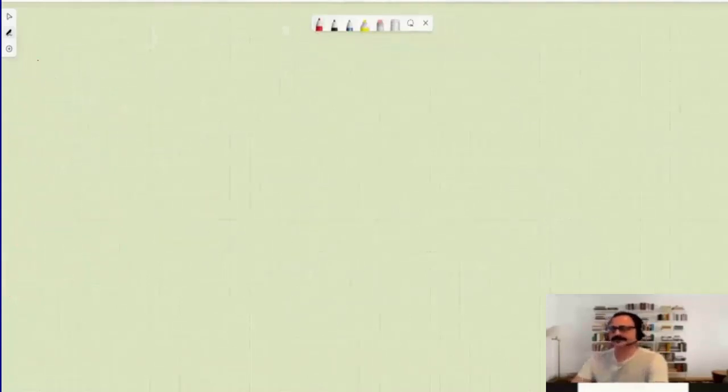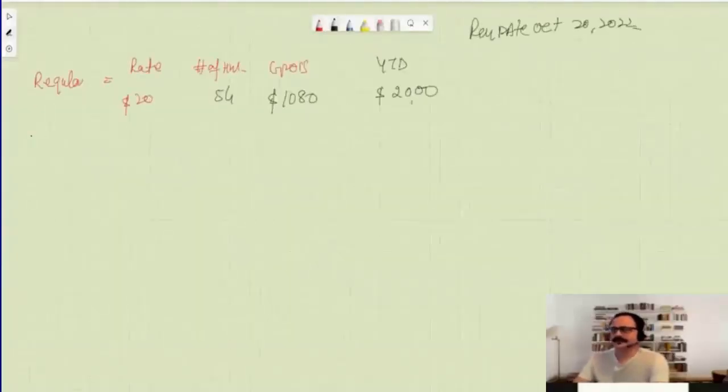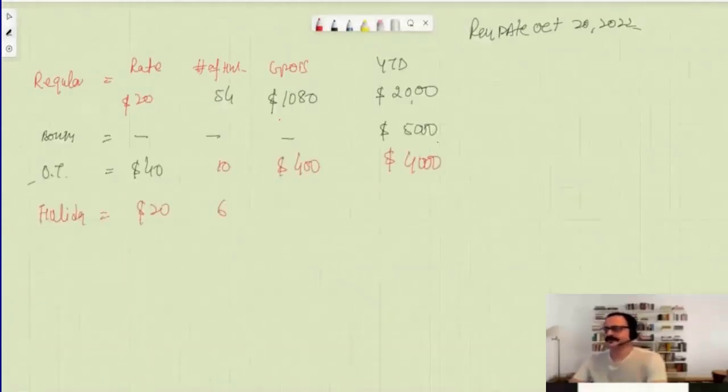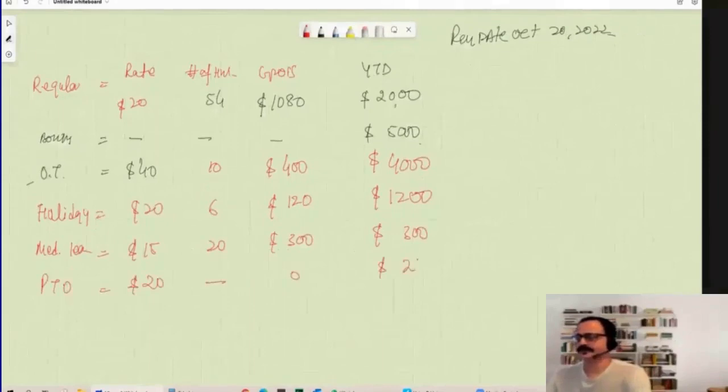So here is the scenario. Your regular income is a dollar rate. What is your total income? 1,080, 1,200, 1,600 and 1,900.